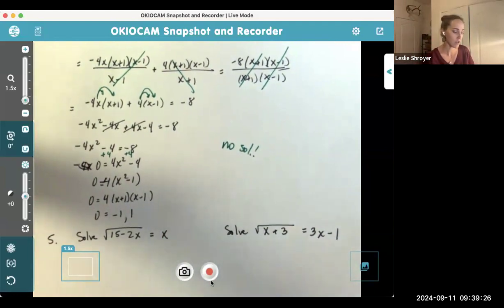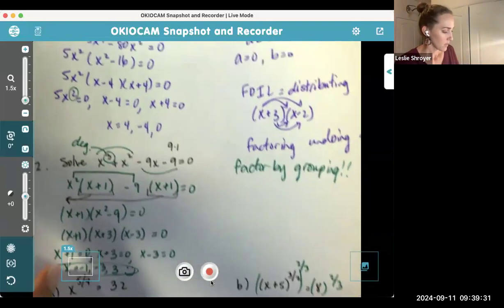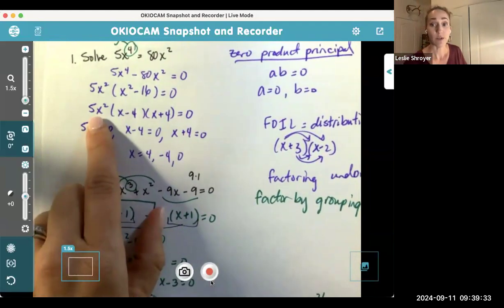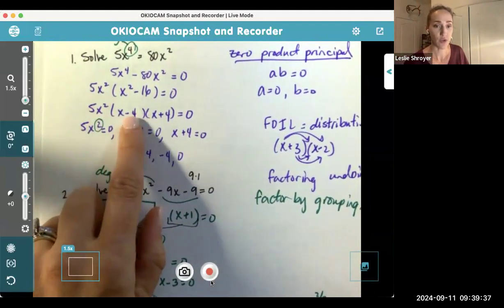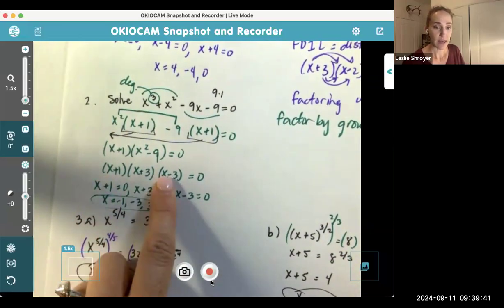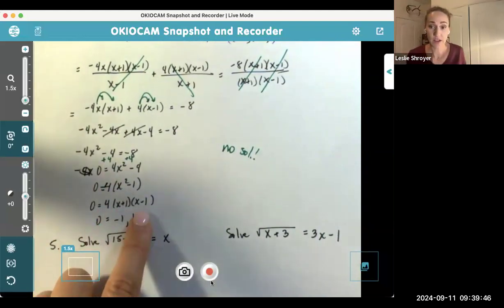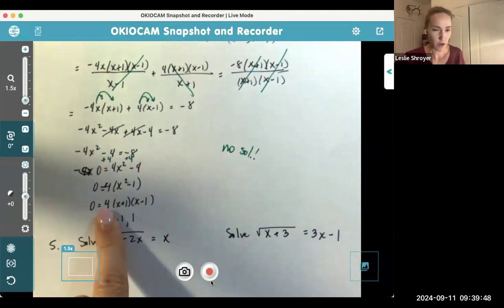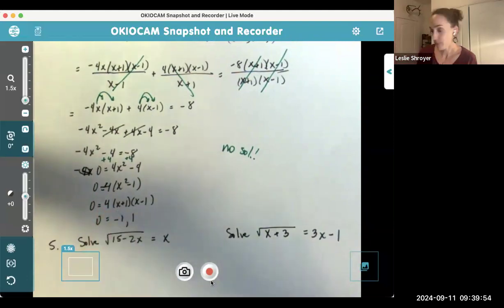For example, going back, this was 3 solutions because it was a 5 with an x squared specifically. So we got 1, 2, 3. Here, no x. So we don't really consider the 4 because it's just a coefficient. It's just hanging out in front. If it was 4x, then we would get 0. Does that make sense?